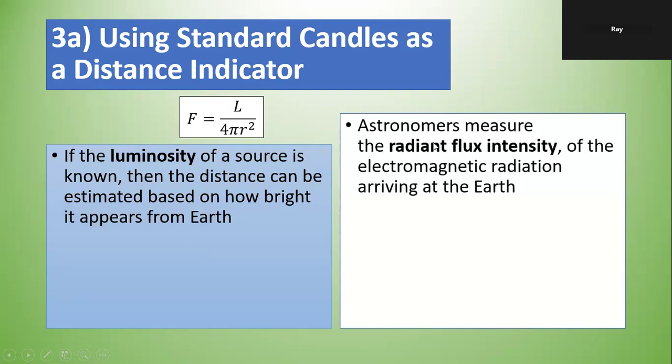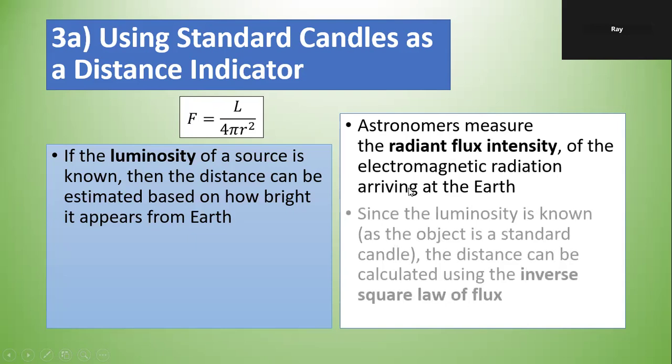Astronomers measure the radiant flux intensity of the electromagnetic radiation arriving on Earth. Since the luminosity is known as the object is a standard candle, the distance can be calculated using the inverse square law. Using this formula, that's what it means.